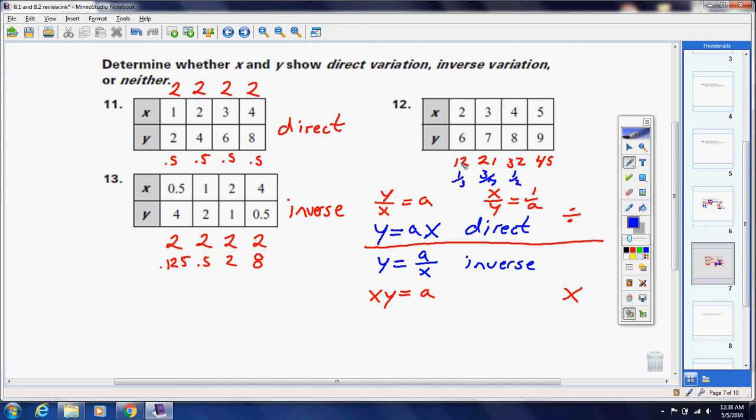So whether I divided x by y or multiplied x times y, neither situation gave me the same constant over and over again. So this is neither. This is not a direct or inverse variation.